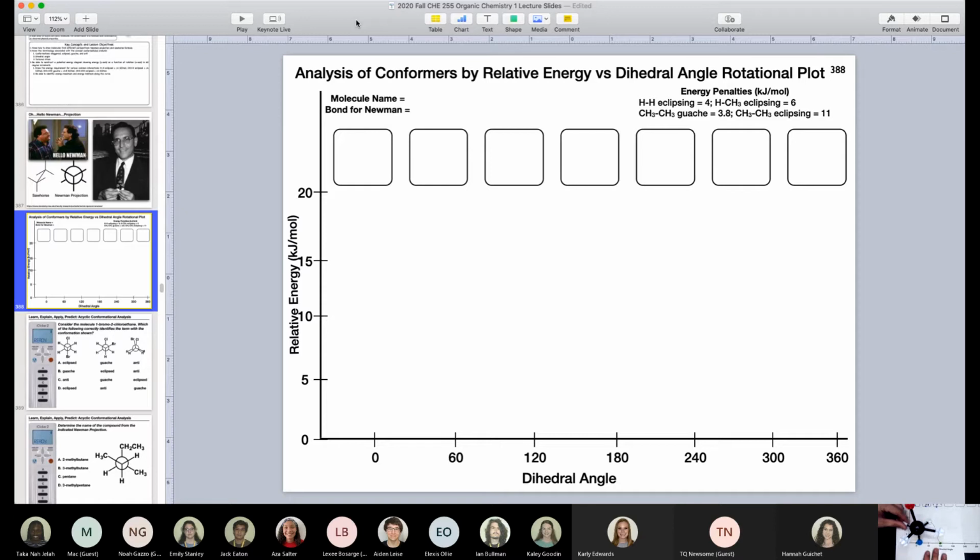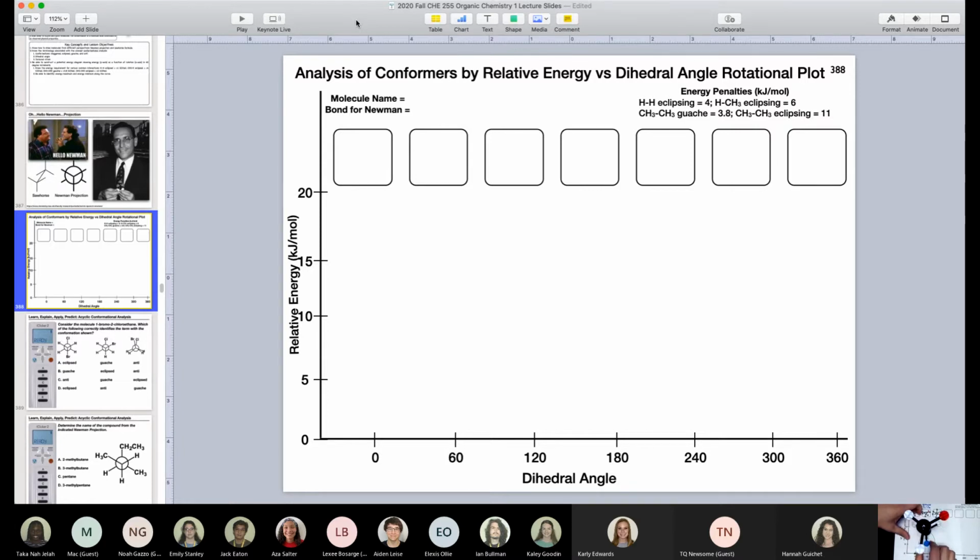As this moves up this hill, this energy penalty, the bond is rotating, and watch the red hydrogen move closer to impinging the rear one. So as this twists, that's the energy going up till you get to the fully eclipsed. Then you're sitting at the top of that hill.